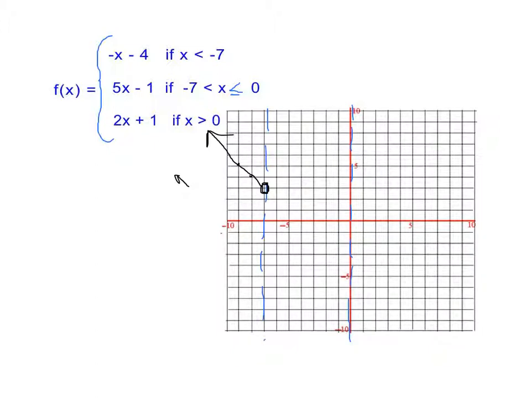Okay. Now the middle one goes from -7 to 0, so I'm going to put -7 in. It'll be -35, minus 1, so -36. That's going to be really hard to draw. So I know that it doesn't include that.